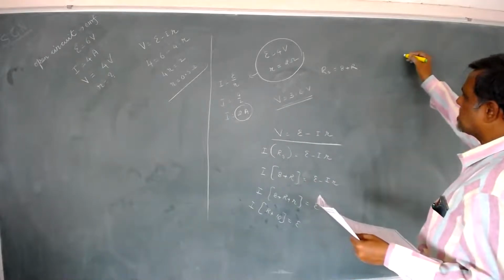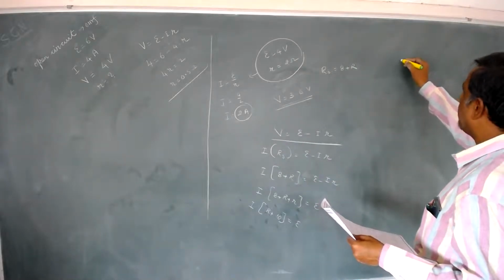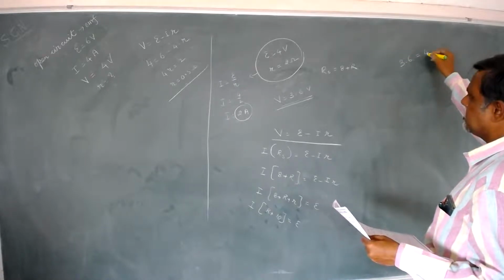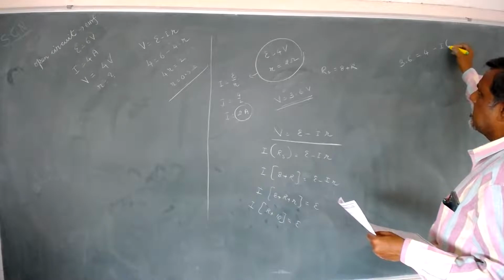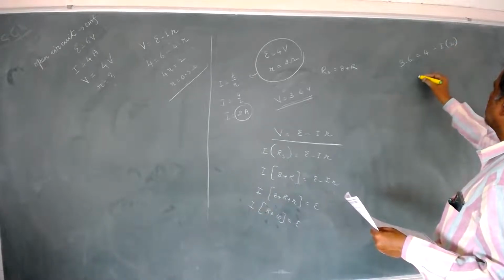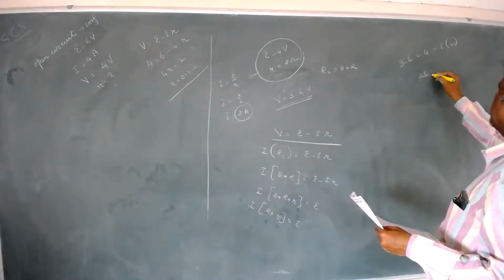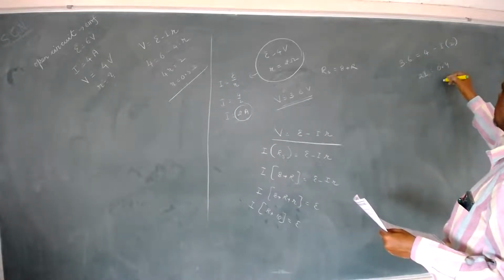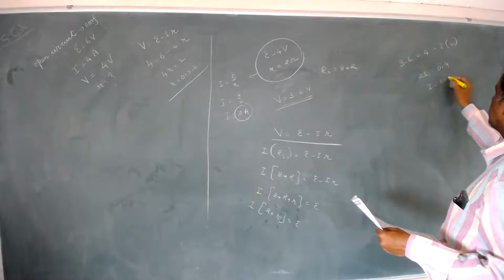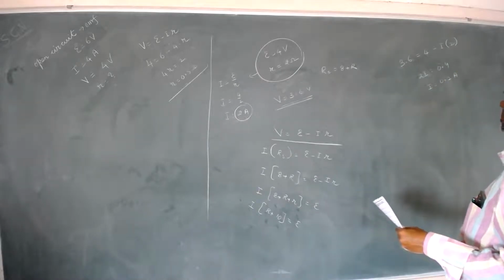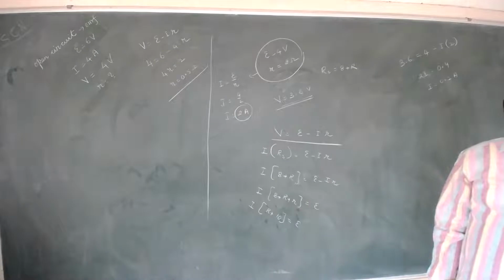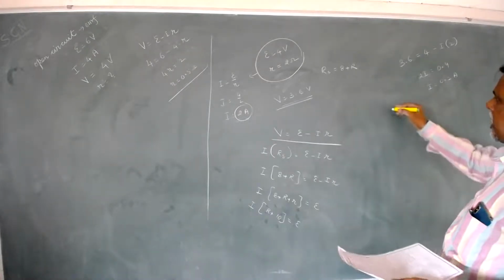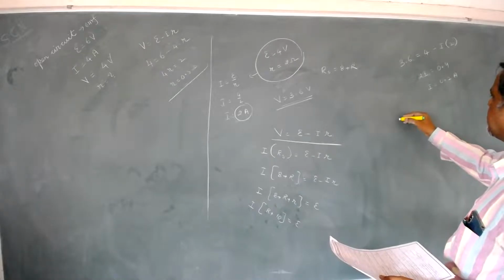So by means of this, 3.6 is V, epsilon value minus I into 2. So this is 2I equals 4 minus 3.6. So I is equal to 0.2 ampere, right?